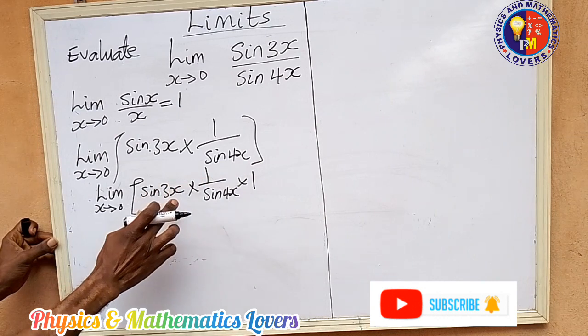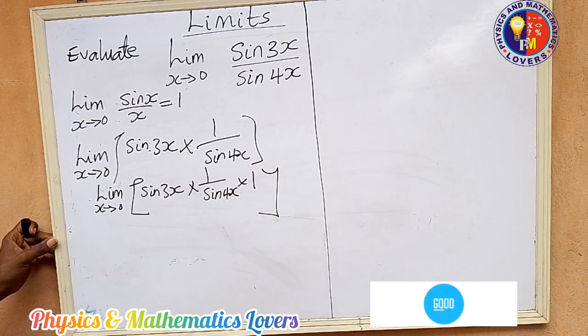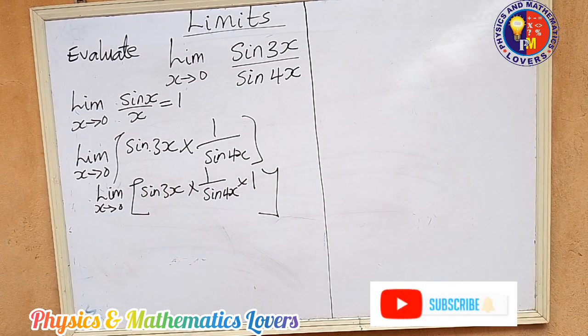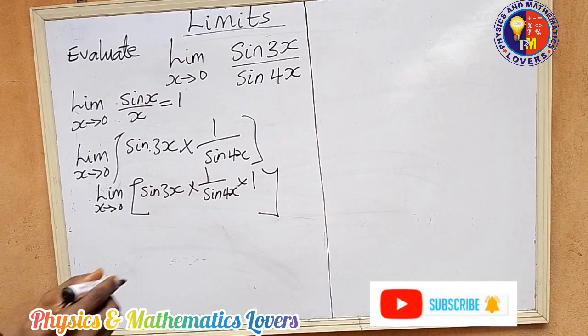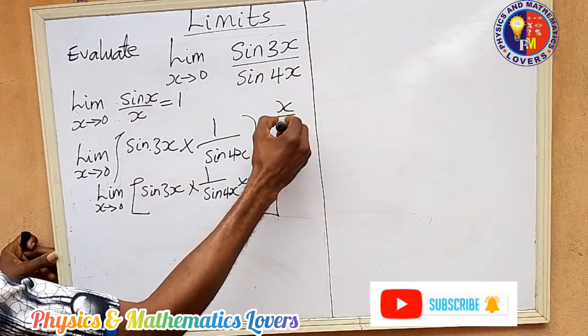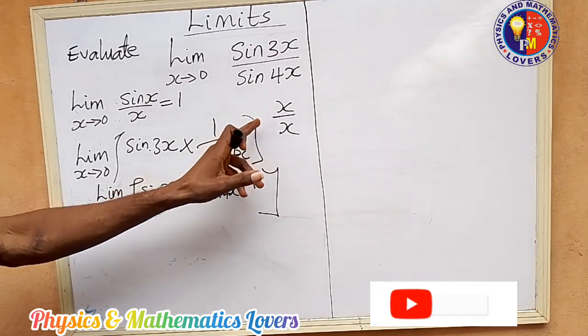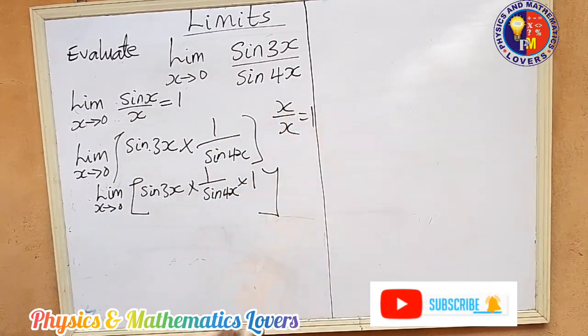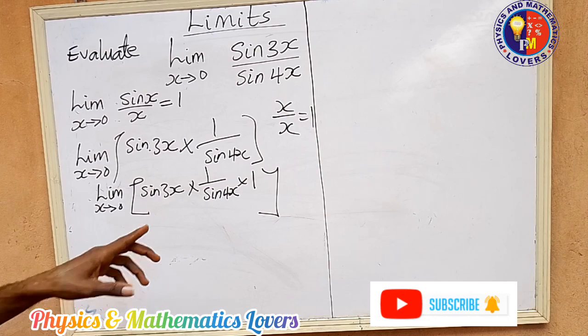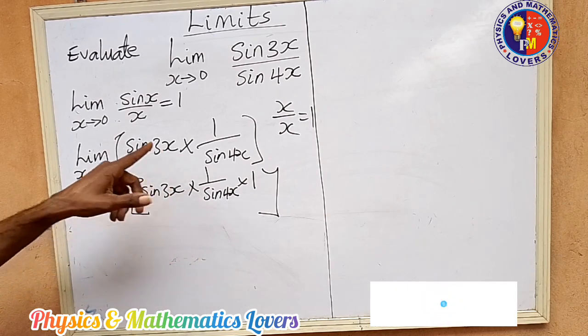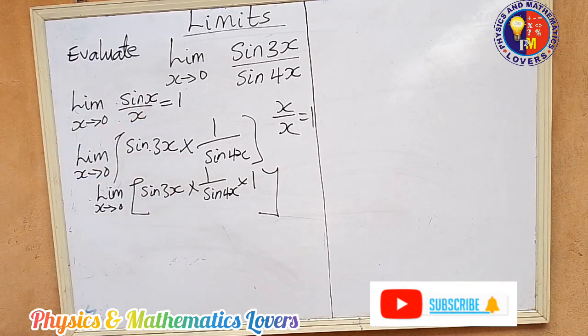Yes, times 1; at the end of the day you still have the same thing. This one here can also be written as x over x, which is equal to 1. So my major interest is to transform this to become like this. That is what I was working towards.